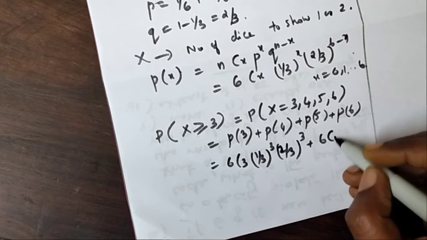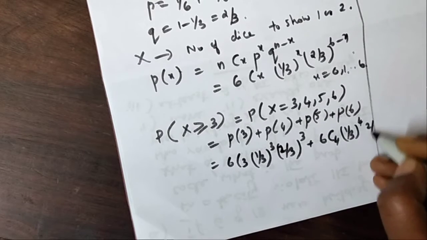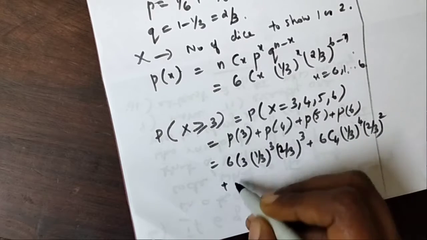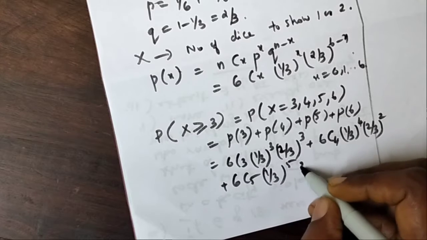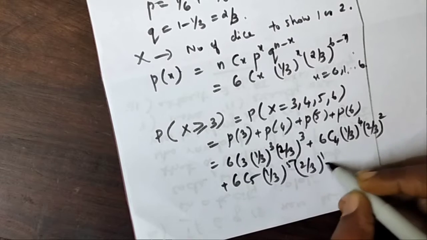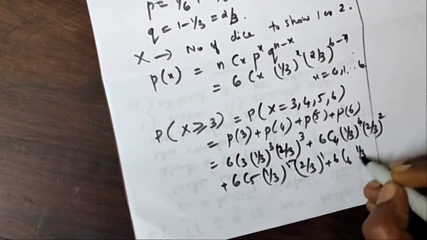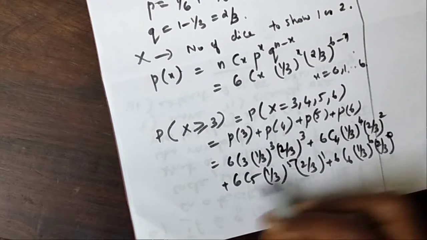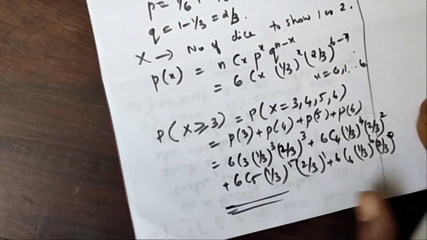Then P of 4 is 6C4 1 by 3 raised to 4, 2 by 3 raised to 2. Then P of 5 is 6C5 1 by 3 raised to 5, 2 by 3 raised to 1. Then P of 6 is 6C6 1 by 3 raised to 6, 2 by 3 raised to 0. So adding these values we get the required probability.